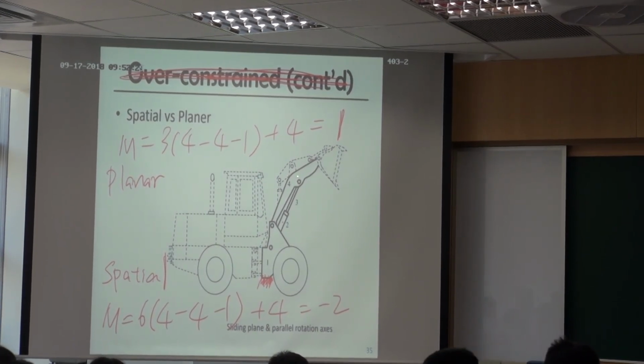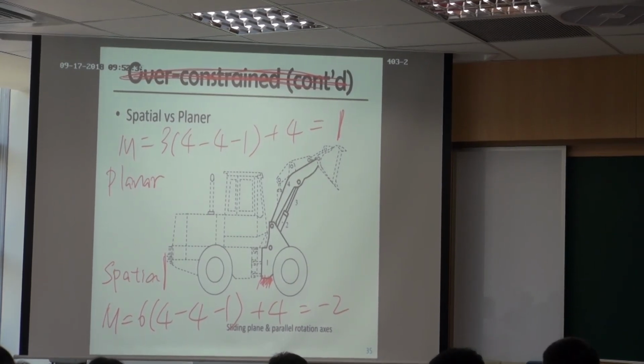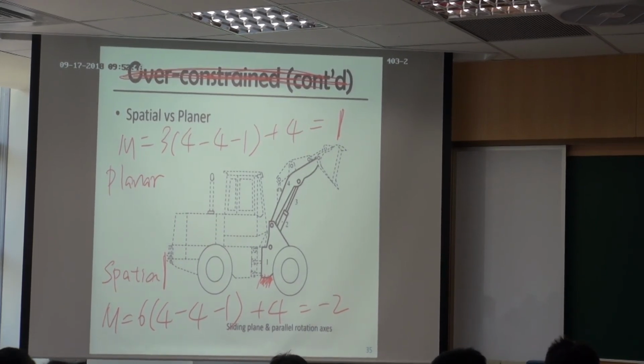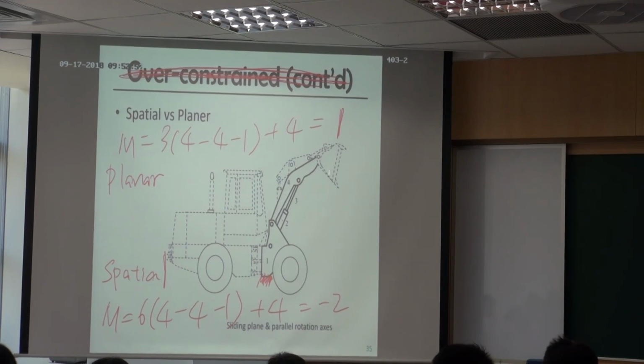And actually, in a real application, we will manufacture this mechanism to make all the R joints point in the same direction. They will all rotate about, let's call it the Z axis, pointing out of the slides. So there's an assumption here.